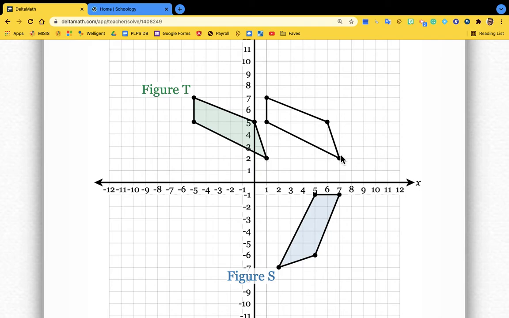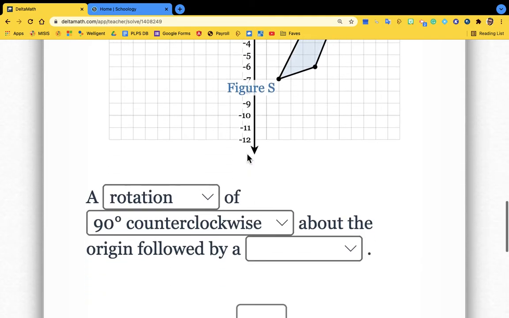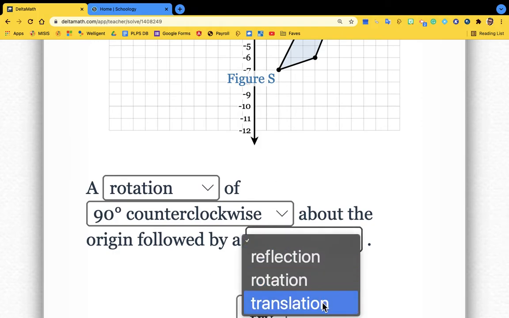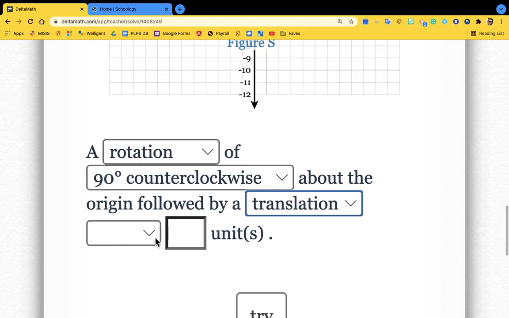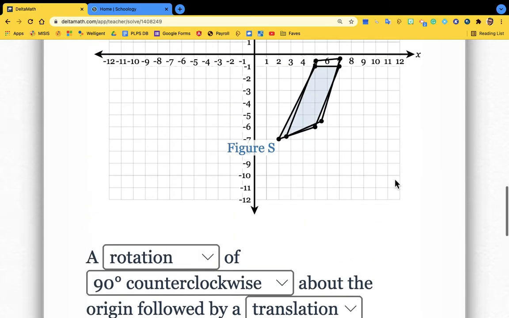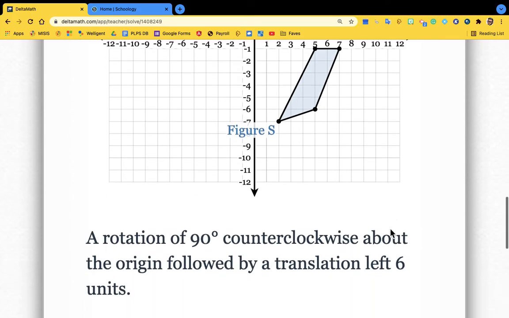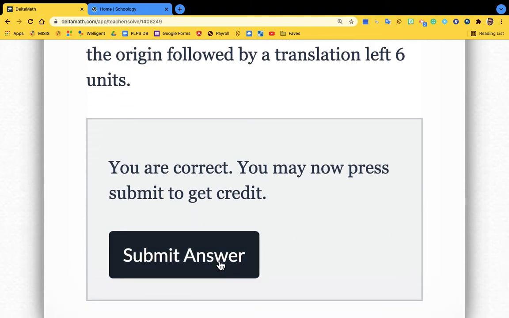So I'm going to translate 6 to the left, followed by a translation left 6 units. So let's hit try and let's see what happens. Okay, it rotated and then, perfect. Look at that. You are correct.